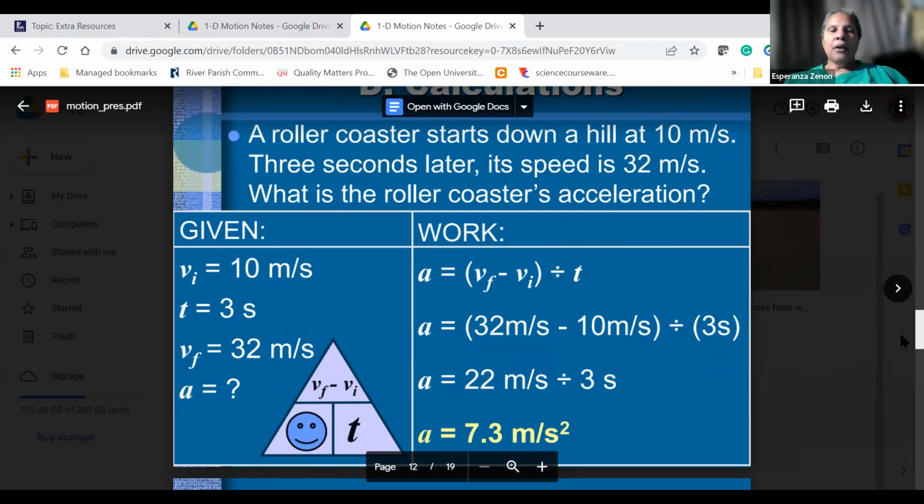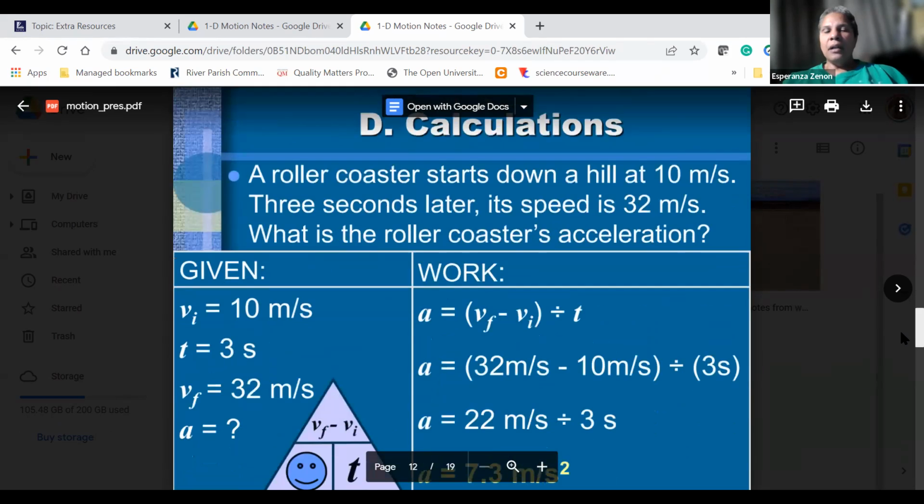So it says here, a roller coaster starts down a hill at 10 meters per second. 3 seconds later, its speed is 32 meters per second. So we can gather just from the way the information is stated that this roller coaster is speeding up, because we can see that it starts at 10 meters per second and then it gets bigger all the way up to 32 meters per second.